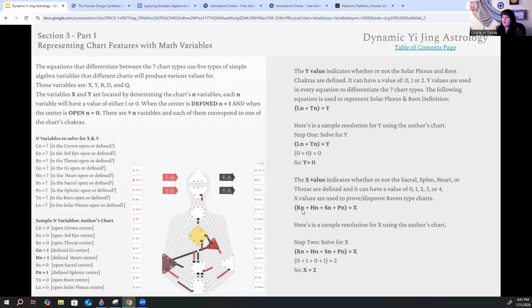That's taken with RN, HN, SN, and PN. I have HN is 1 and PN is 1, so those are both 1. My throat is open, so that's a 0, and my sacral is open, so that's a 0. So my X is 2. For my chart, my Y is 0 and my X is 2. That indicates that I have a raven chart, or a common raven chart.